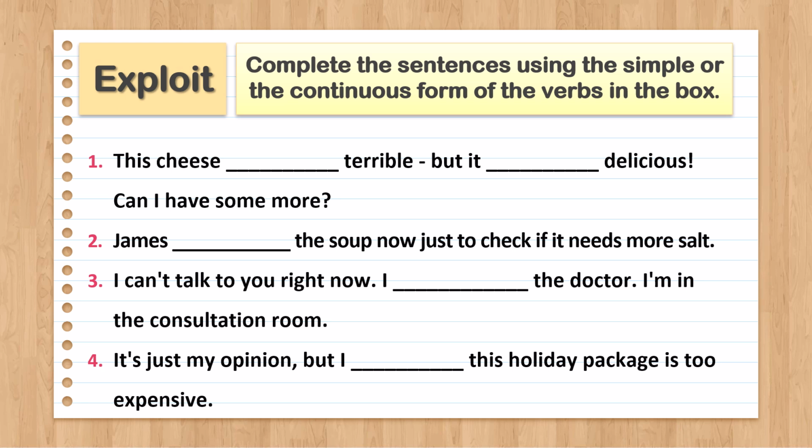Alright, class, let's put our knowledge of stative and action verbs into practice. We are going to complete these sentences using either the simple form or the continuous form of the verbs in the box. You can see the verbs in the box on page 7. We have 5 words: see, smell, taste, think, and weigh.